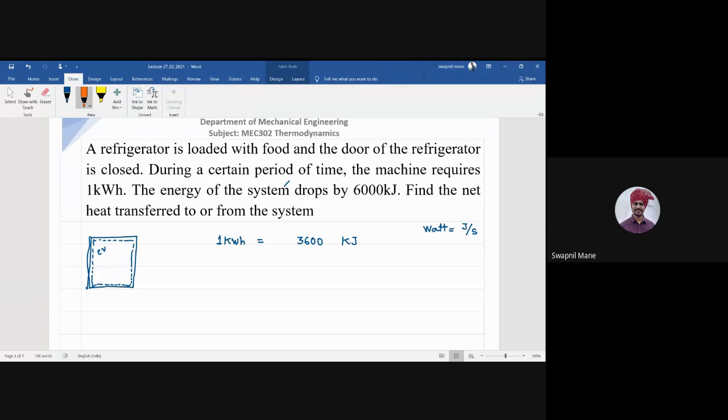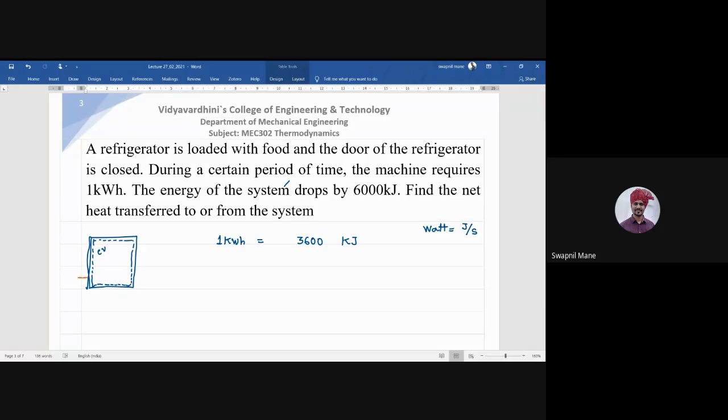The machine requires 1 kilowatt hour. The energy of the system drops by 6000 kilojoule. Is a refrigerator a work consuming device or a work producing device? Work consuming.